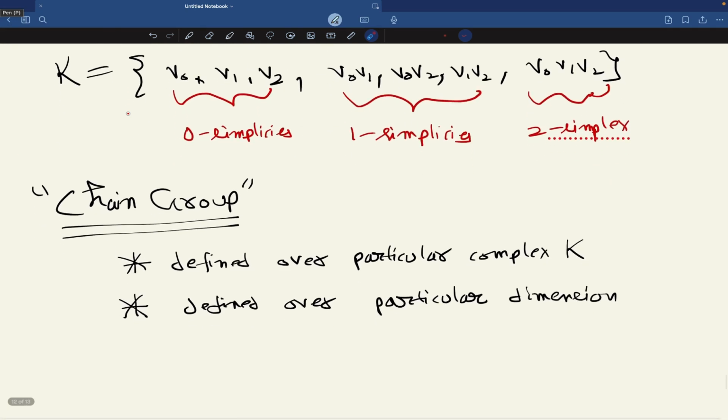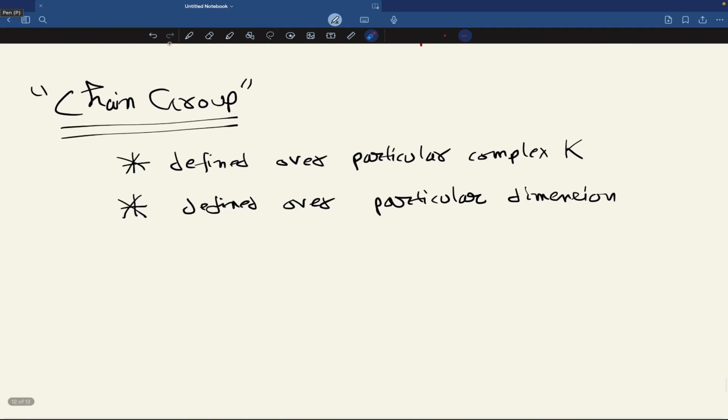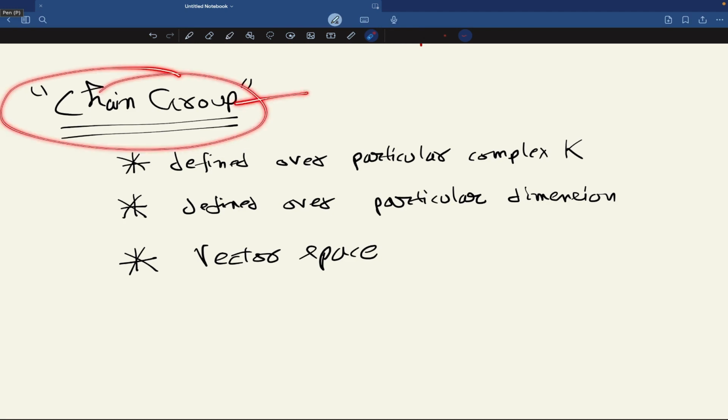Now how do we define it and what exactly is it? Actually it is a vector space. Chain group is a vector space.